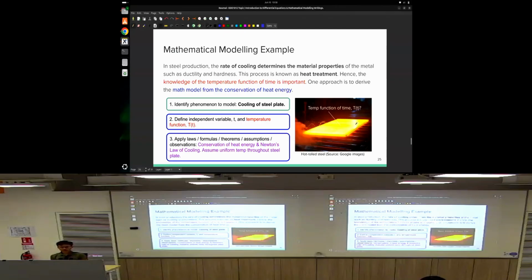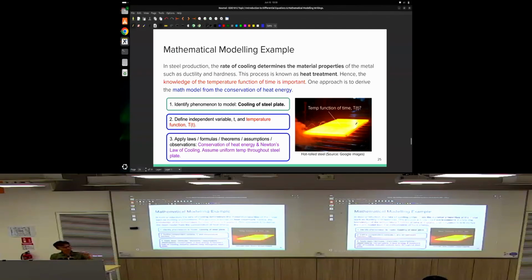Because the rate of cooling will decide the mechanical properties of that steel. In a sword, typically you want the sword to be very hard. You want a weapon to be very, very hard. Hard, then it can cut, right? So typically the steel material needs to be hard.